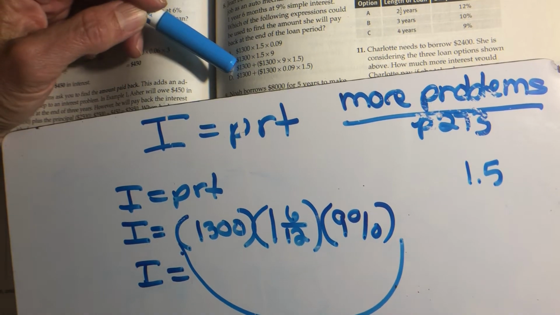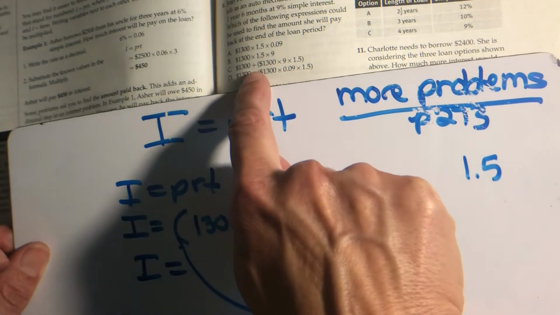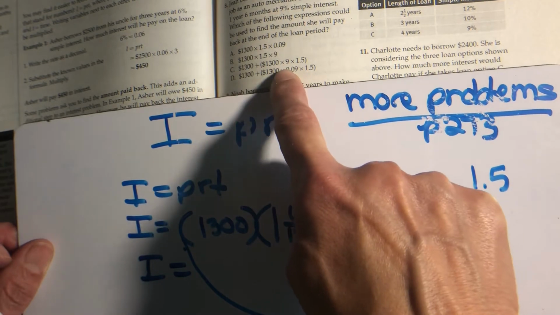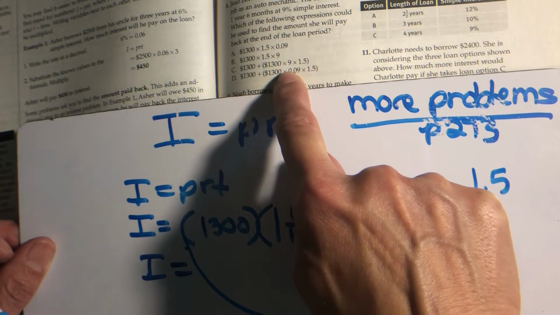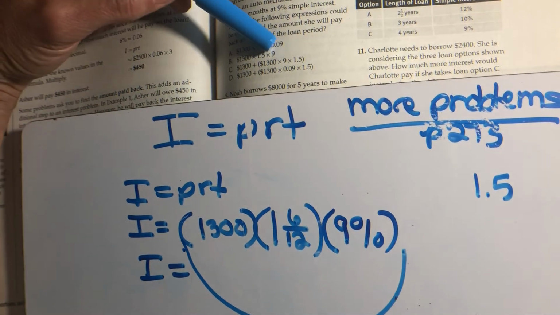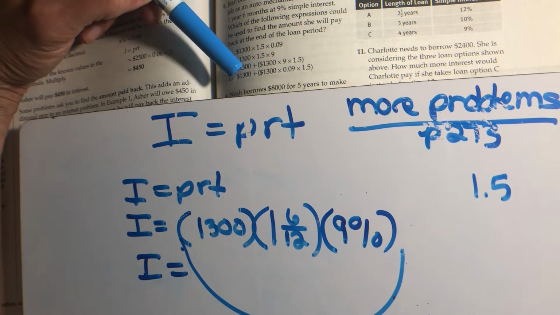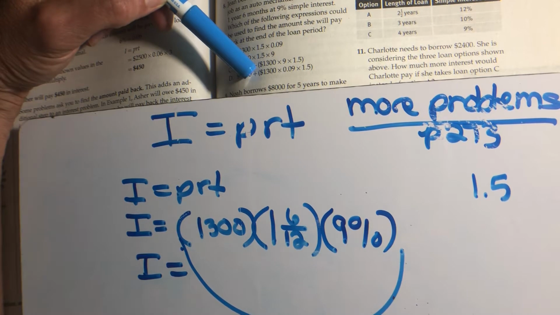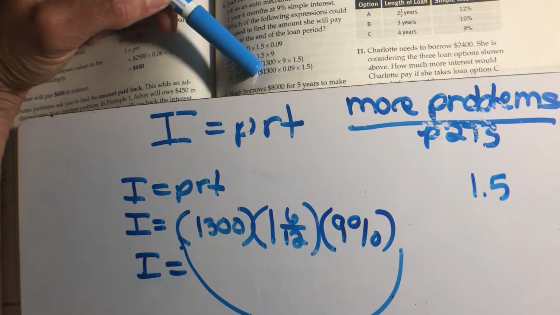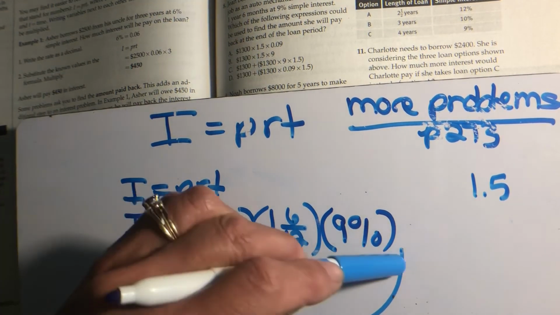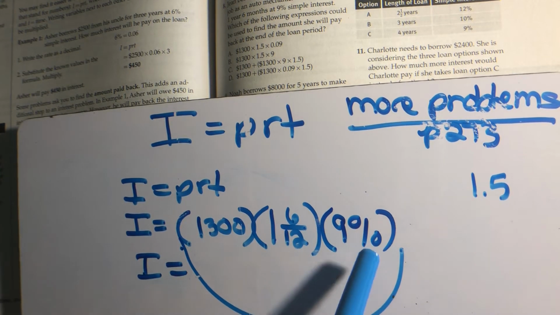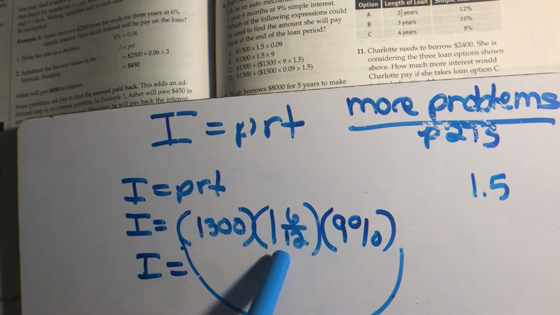And then C, you're adding. So we said we wanted to add some stuff, but check what they have in parentheses. So they have 1,300 times 9. Nope, can't do it. So that's going to leave us with D. 1,300 plus, and then you're adding the answer to what we have here, 1,300 times 0.09 times the 1.5.